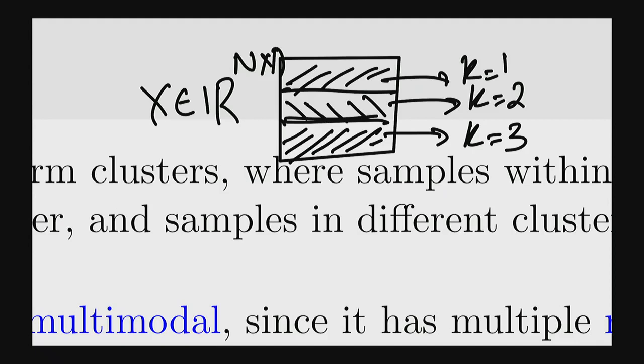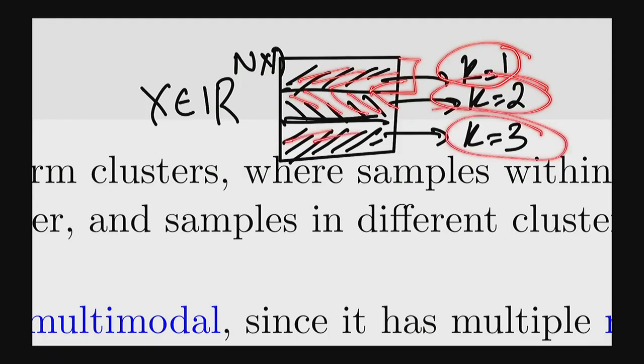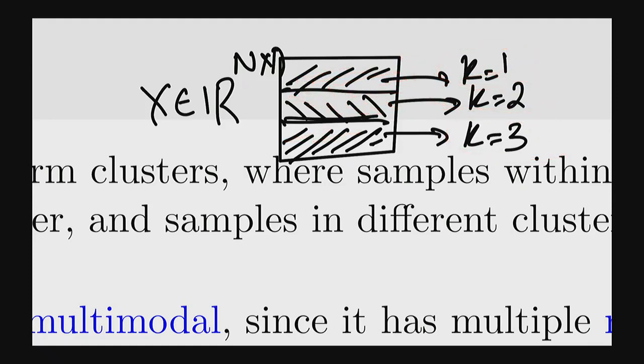It might look like taking the rows of this matrix and finding groups of rows such that all of those rows belong to the same cluster. What we might want as an output is that the first set of rows all belong to the cluster k equal to 1, the next set of rows all belong to the cluster k equal to 2, and the third set k equal to 3.